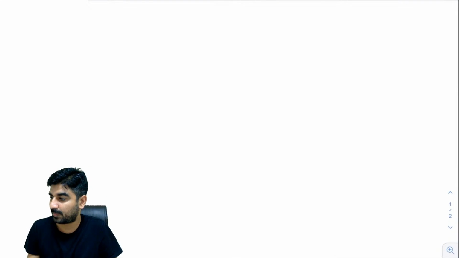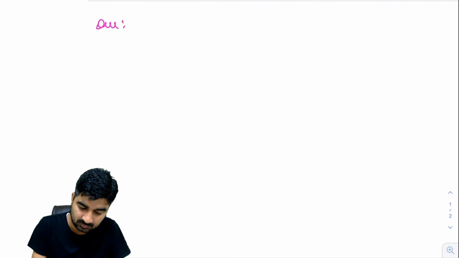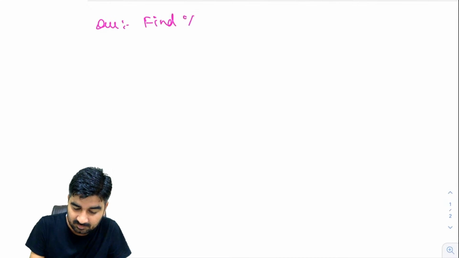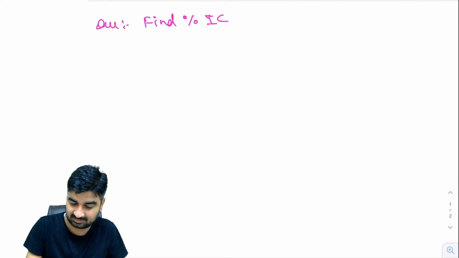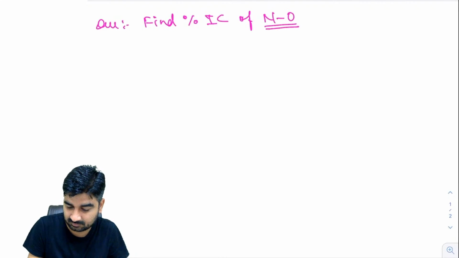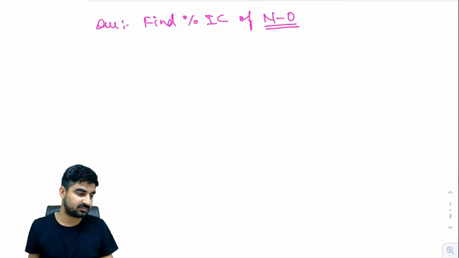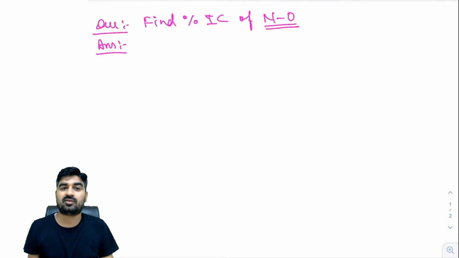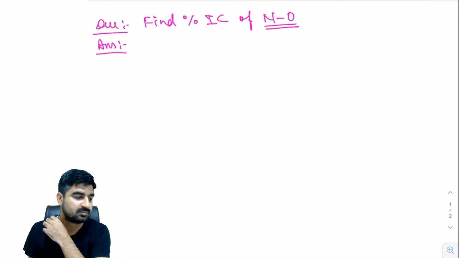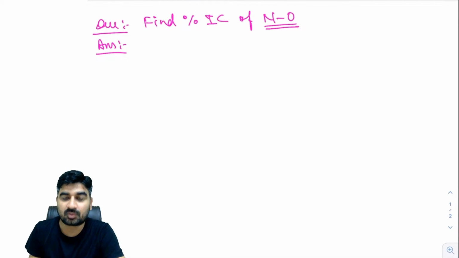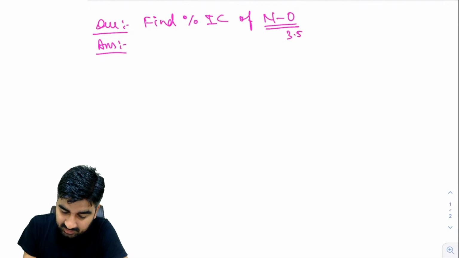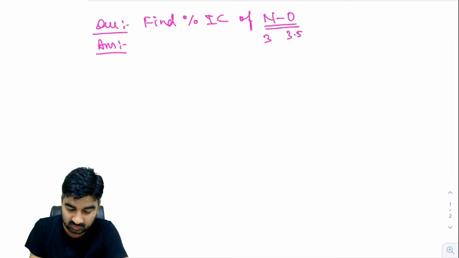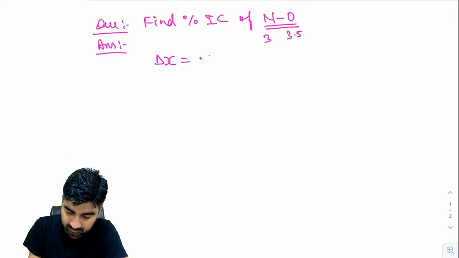Now solve it. Find percentage ionic character of NO. Solve it. Now you know it has 3.5 and it has 3. So delta X will be 0.5.